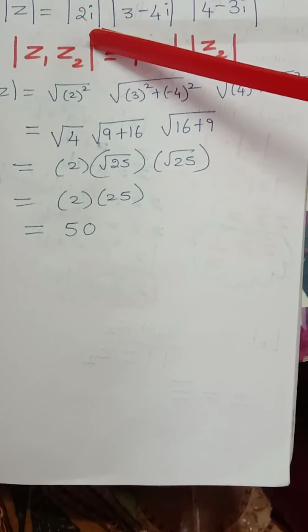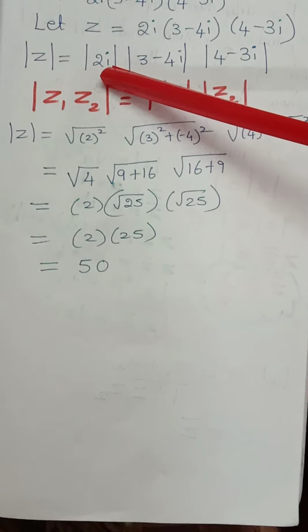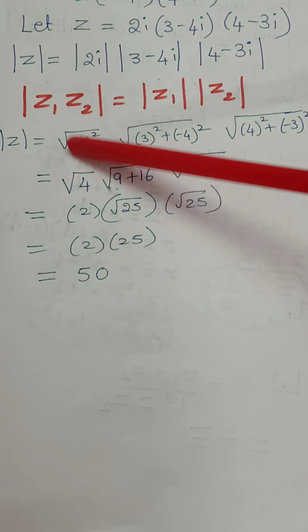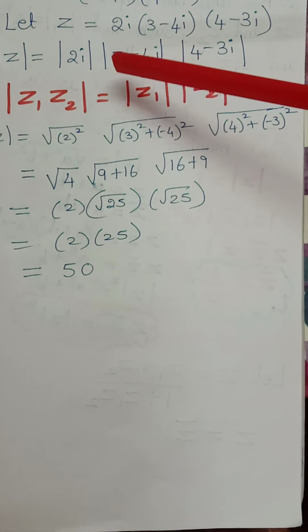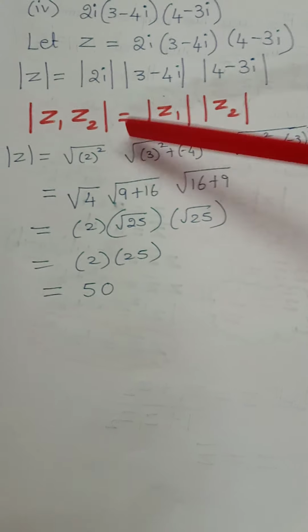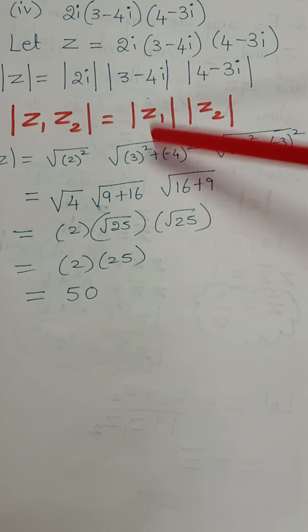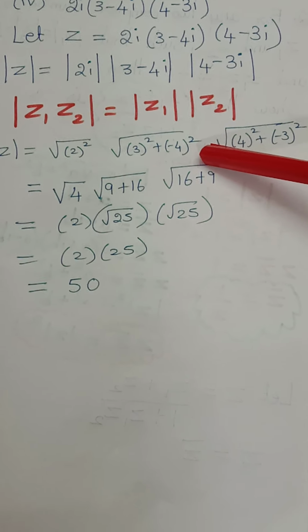So modulus of 2i. Here there is no real number, only the imaginary number 2 is there. So only this number we have to square. So square root of imaginary number 2 square. Next, for finding the modulus of this, square root of, what is the real number? 3. So 3 square plus, what is the imaginary number? Minus 4. So minus 4 whole square.